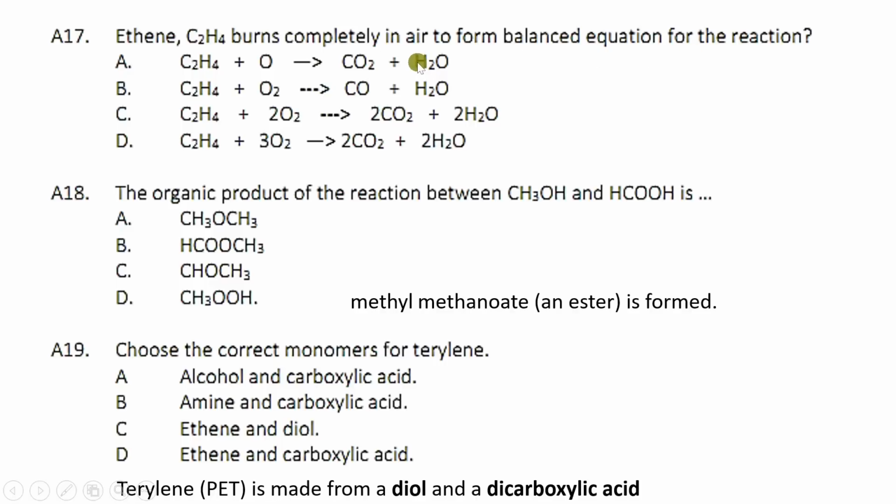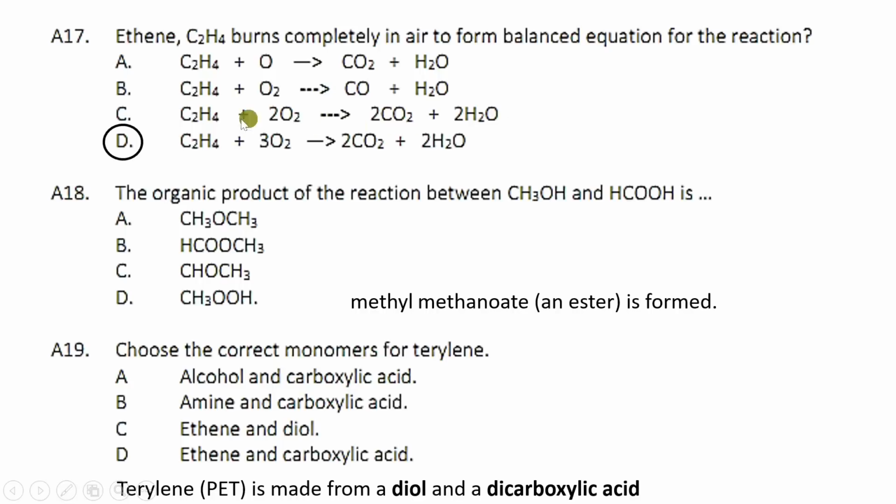The typing wasn't complete, but they were just supposed to say ethene burns completely in air to form carbon dioxide and water. So the answer here is D: ethene plus oxygen gives us carbon dioxide and water. You can think of this as the answer.